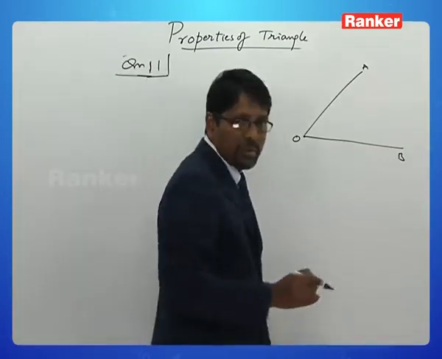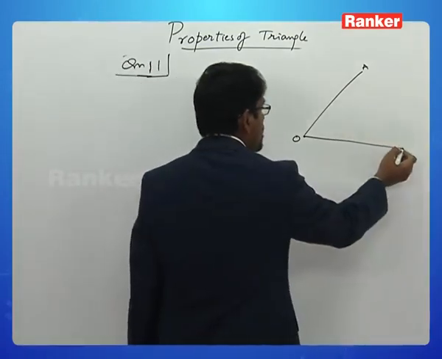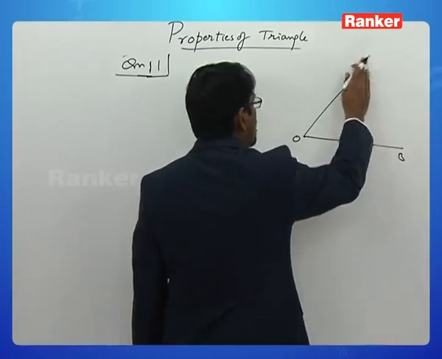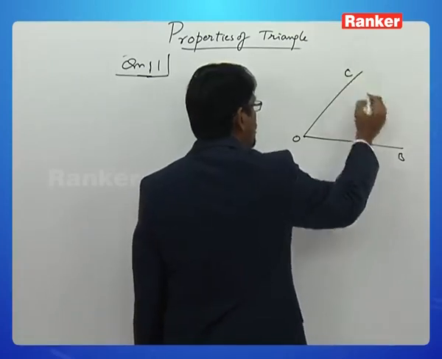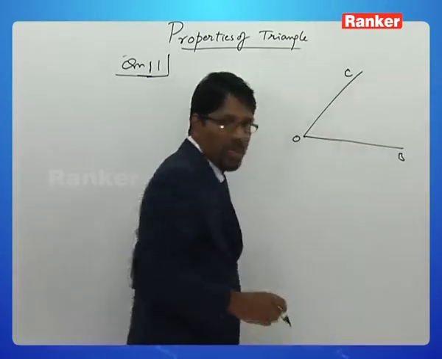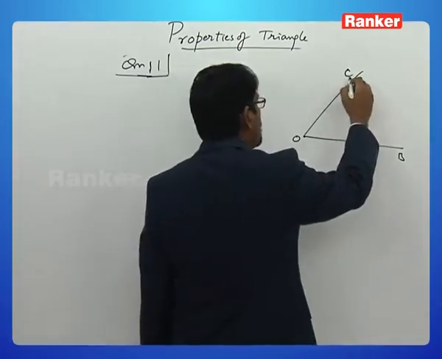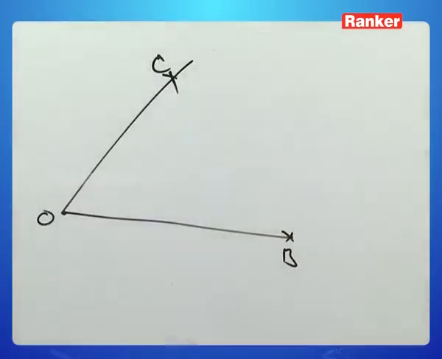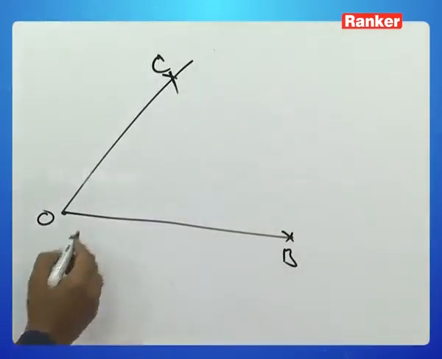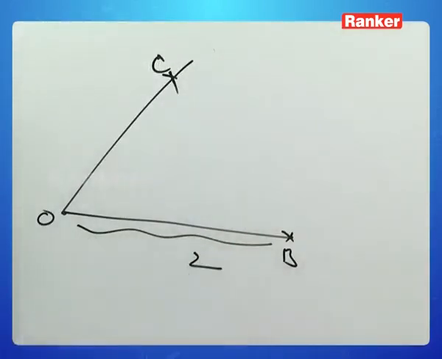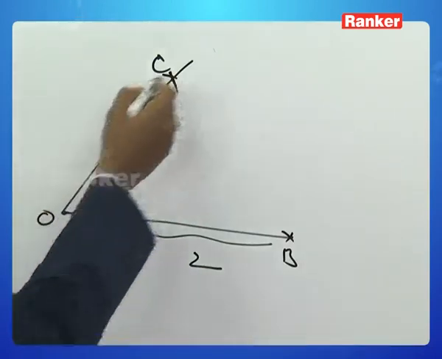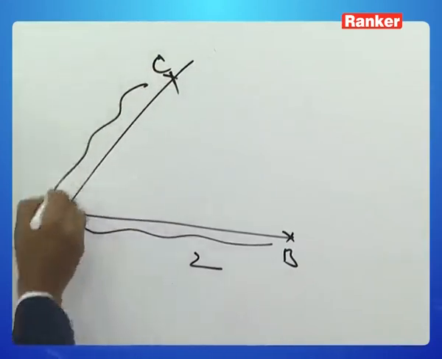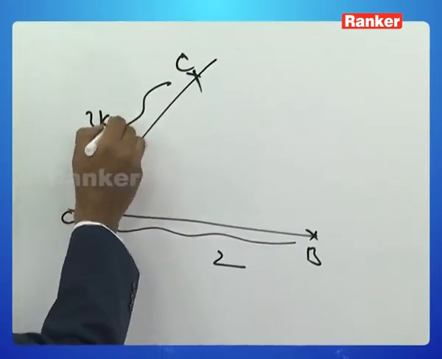Now here is a bus and here is a car. C for car, B for bus. He says the bus is on the road at a distance of 2 kilometers and the car is on the other road at a distance of 3 kilometers from the intersection point.